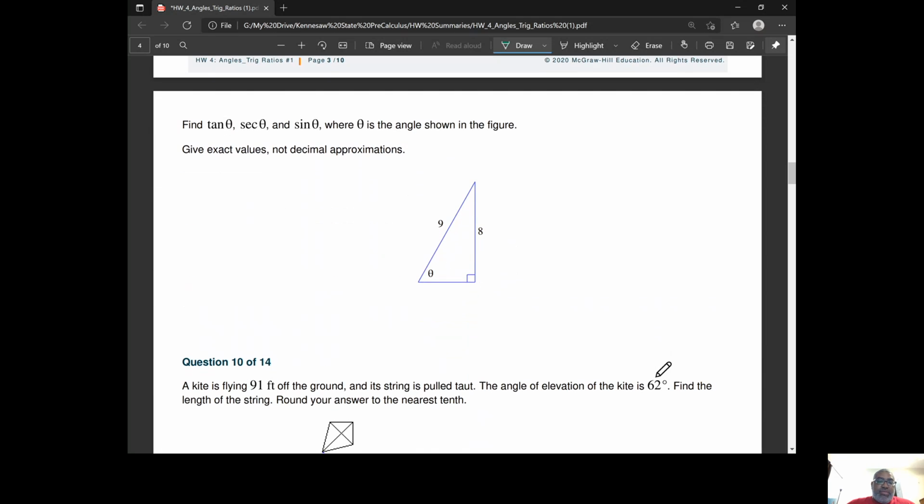Give tangent theta, secant theta, and sine theta, where theta is the angle shown in the figure. Give exact values, not decimal approximations. That means that we're doing sine and cosine and all that stuff. We want to make sure that we keep everything right. So if we label this side x, then we know that x squared plus 8 squared is equal to 9 squared.